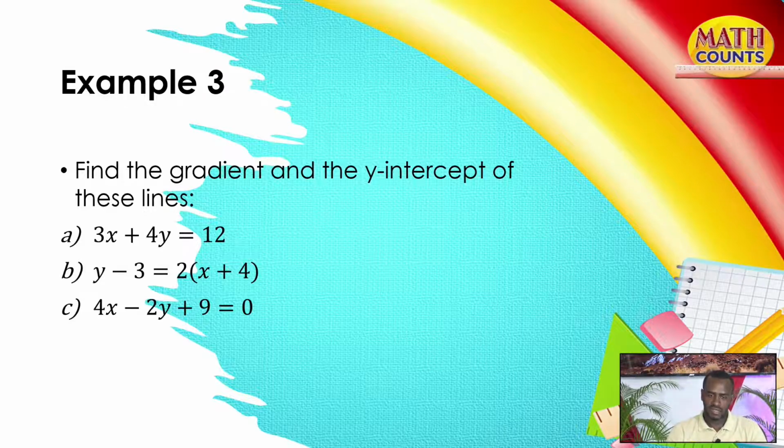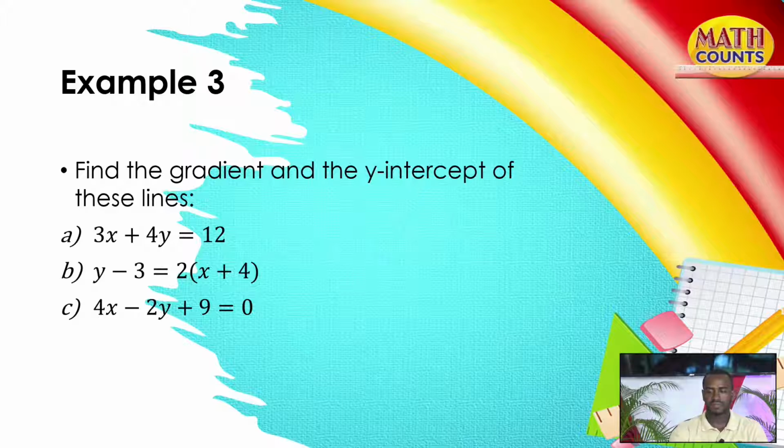Next question is y minus 3 equals 2 into x plus 4. And the third question is 4x minus 2y plus 9 is equal to 0. And we must find the gradient and the y-intercept of these lines. So go ahead, and find the gradient and the y-intercept of these lines.